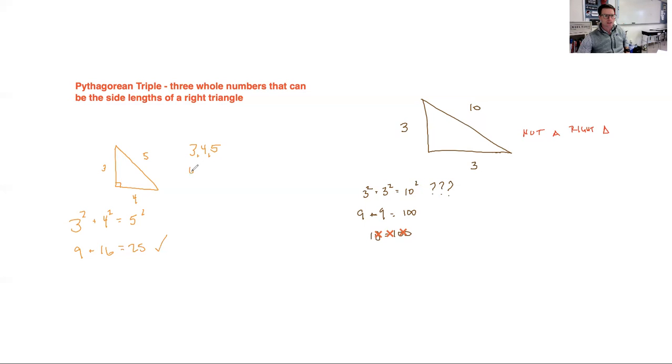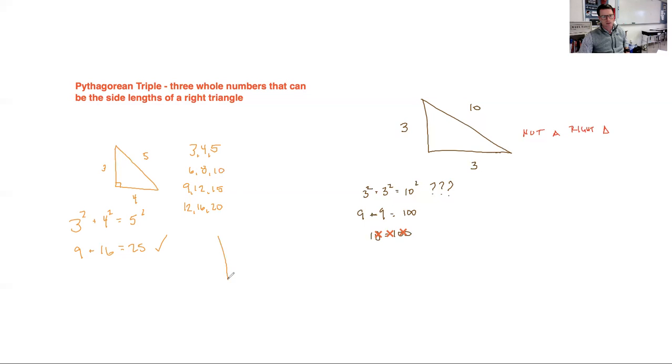So if I had a 6, 8, 10 triangle, that would be a right triangle. If I had a 9, 12, 15, that would be a right triangle. If I had a 12, 16, 20, that would be a right triangle. This is just times 2. These are times 3. These are times 4.